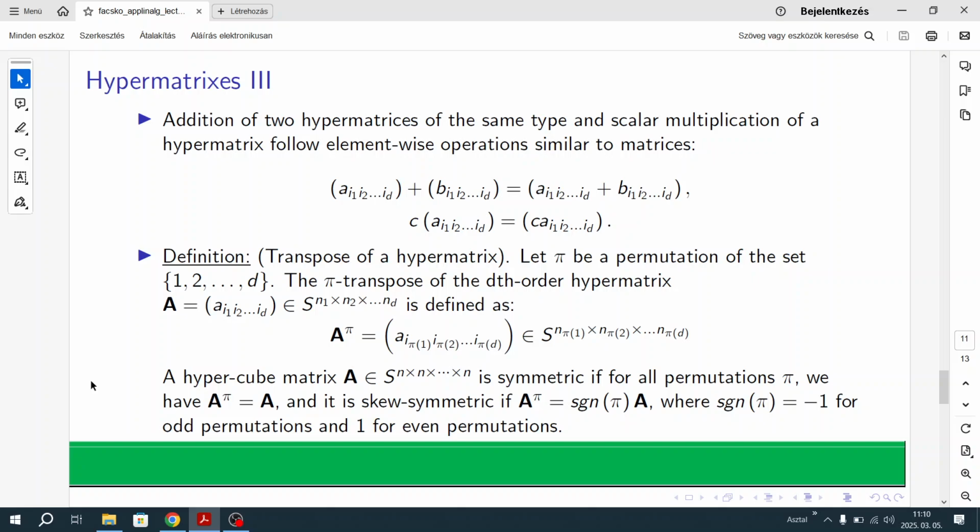You can do the same with the hypermatrices, just you have to write many more indexes. You can do the addition like in block matrices or matrices.